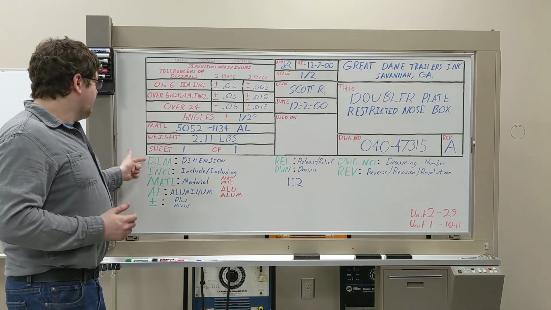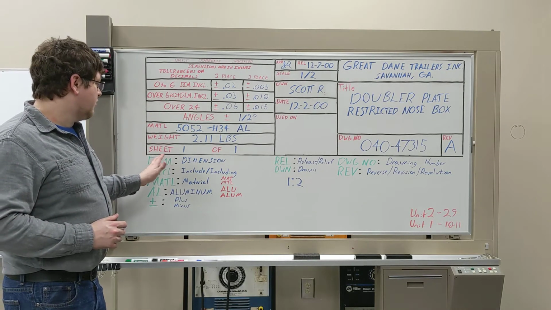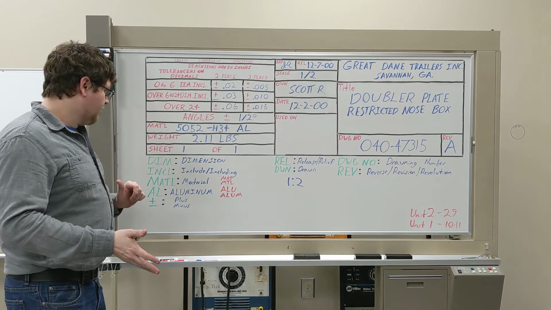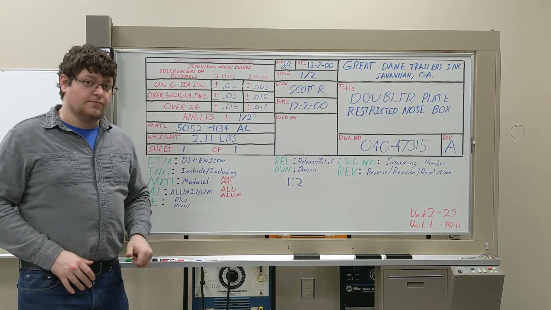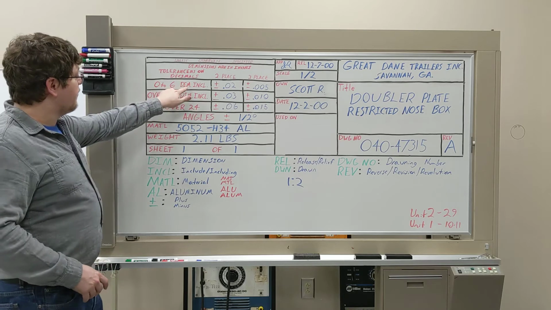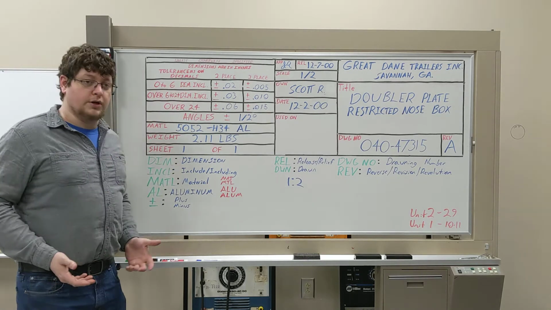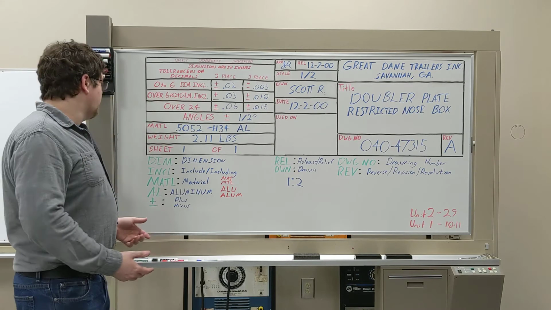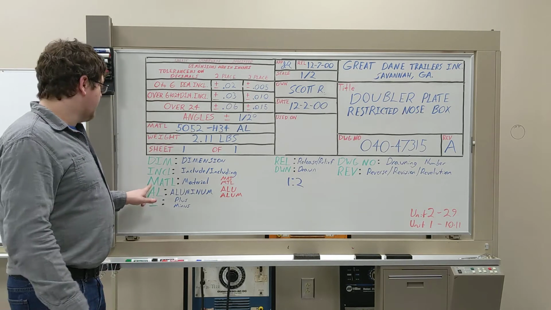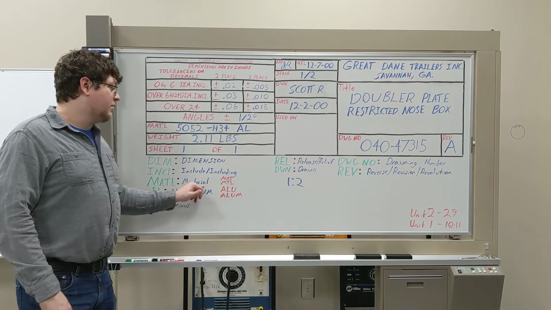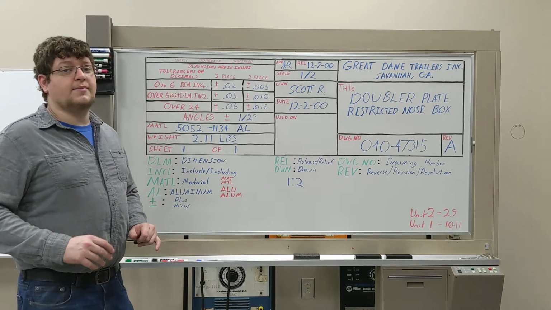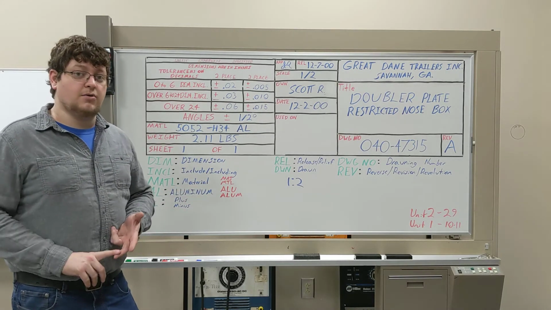So we were going over DIME or DIM, which means dimension. If I go up here and I see it right here, that means dimension. I see INCL, included, or include. Another one, I said I'd get back to this, MATL, which means material. Another substitute for that is MTL.